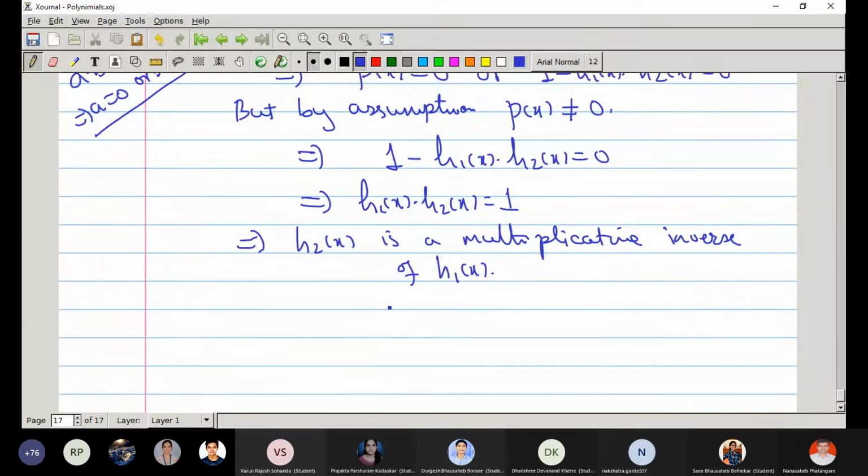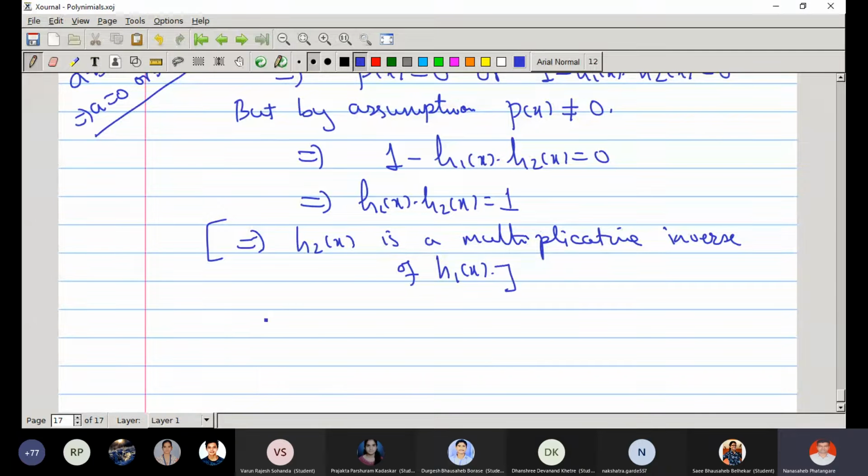Okay, leave this thing of multiplicative inverse aside. So, since h1(x) into h2(x) is equal to 1, what is the right hand side and what is the left hand side of this equation?